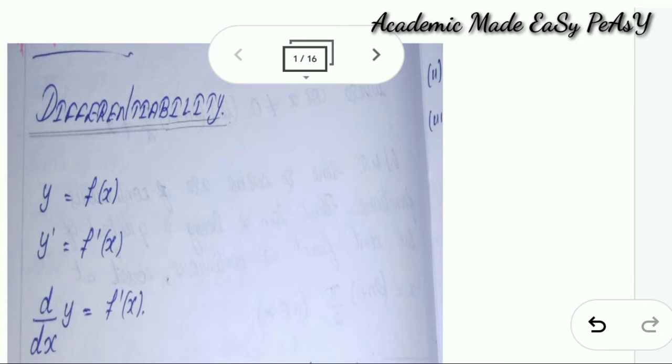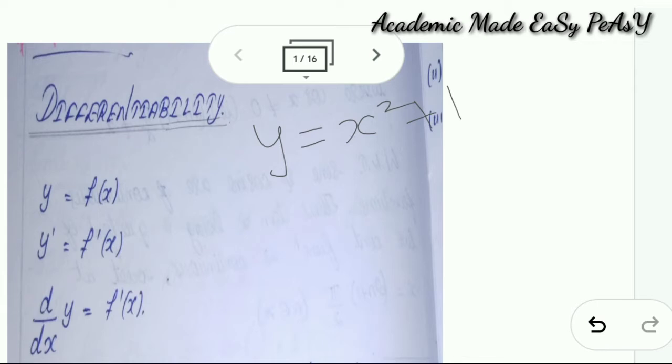Let me give you an example, so that you will be clear. You have already learned it, but still let me give an example. I am writing y is equal to x square plus 1. Since you know it already, I will go quickly. If you have any doubts, you can mention them in the comment box.